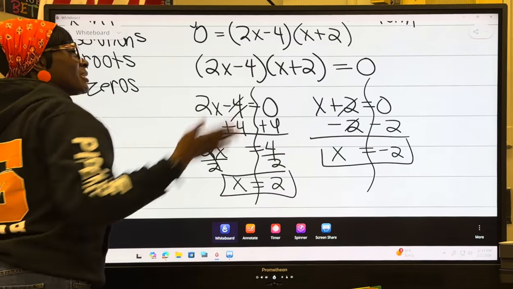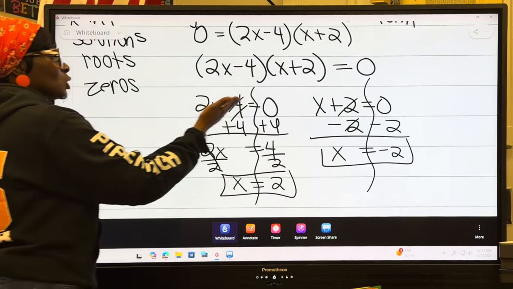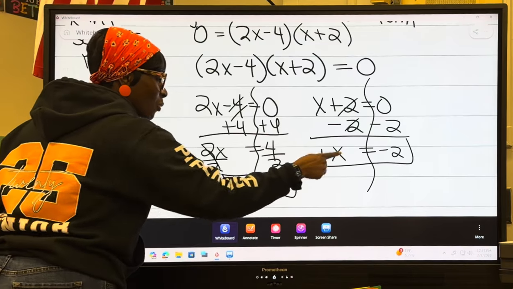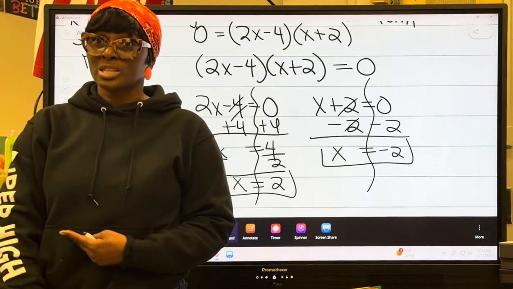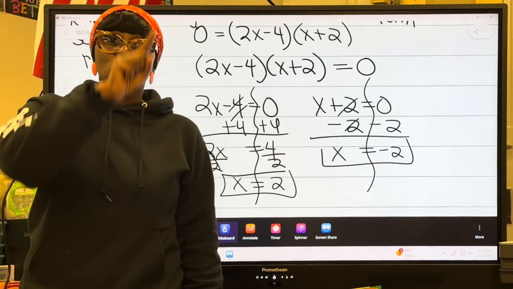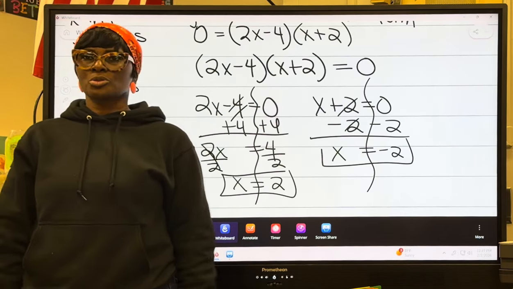Because one of them got to be 0, or both of them, in order for this thing to come out to be 0. So I set 2x minus 4, my first factor, to 0, my second factor to 0, and I solve. And what I end up with is my x-intercepts, which are my solutions, my roots, my zeros. It's the whole reason I just did this. It's to find where this parabola crosses the x-axis. At 2 and negative 2. And we saw that on the graph.